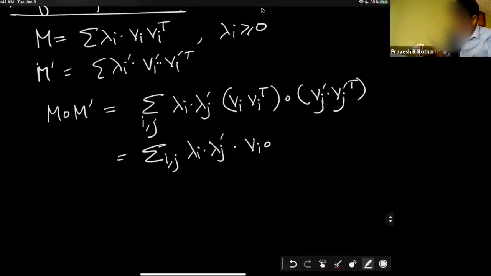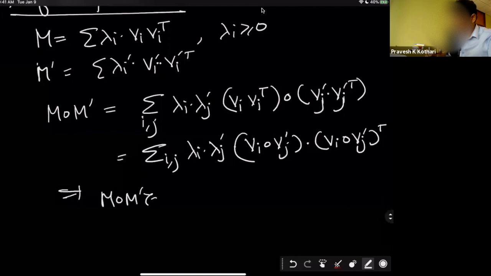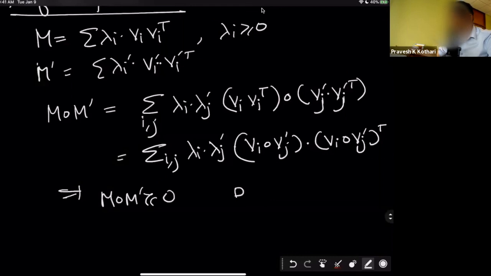Rearrange this to say v_i circle v_j prime times v_i circle v_j prime transposed, where, as you can imagine, the circle is the Hadamard product of vectors, the entry-wise product of vectors. Okay, that's it. I basically gave you a non-negative rank 1 decomposition of M circle M prime. This implies that M circle M prime is positive semi-definite. QED. Good. So we are done.